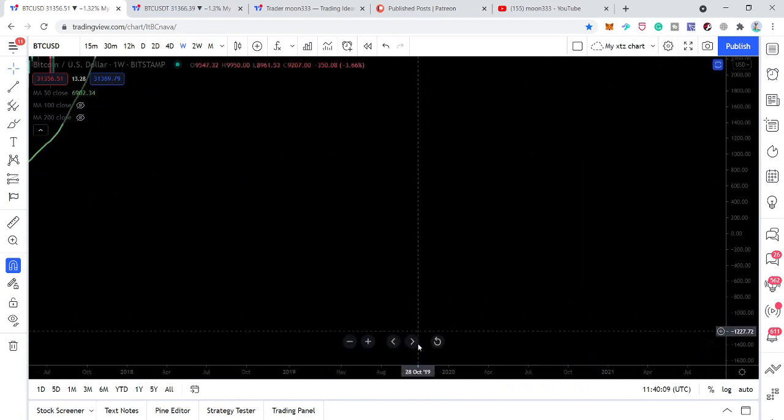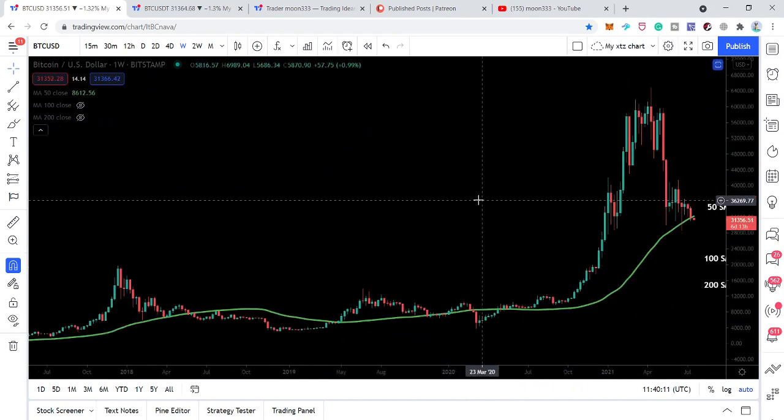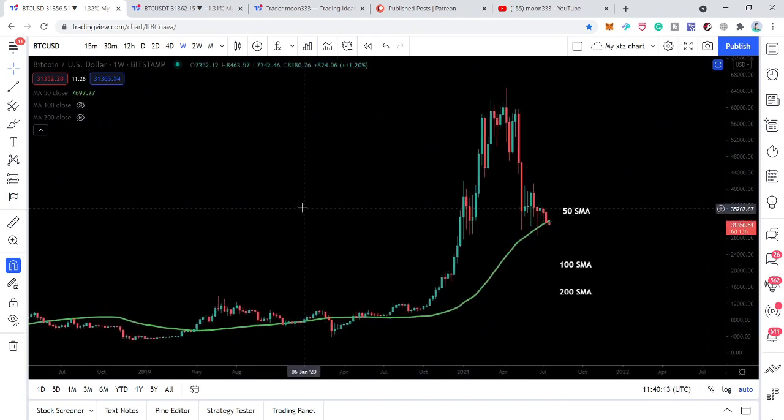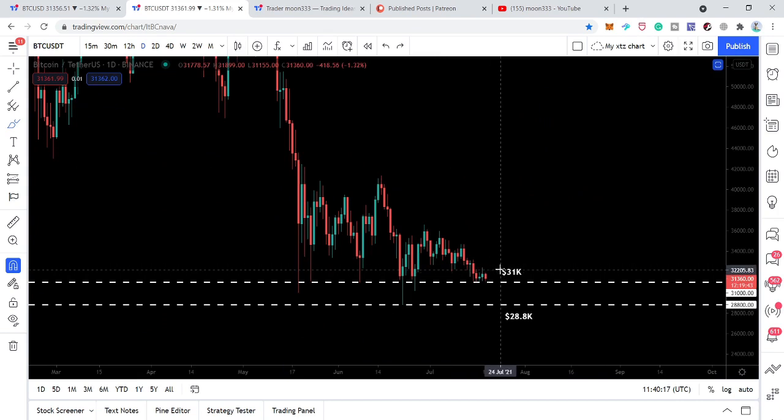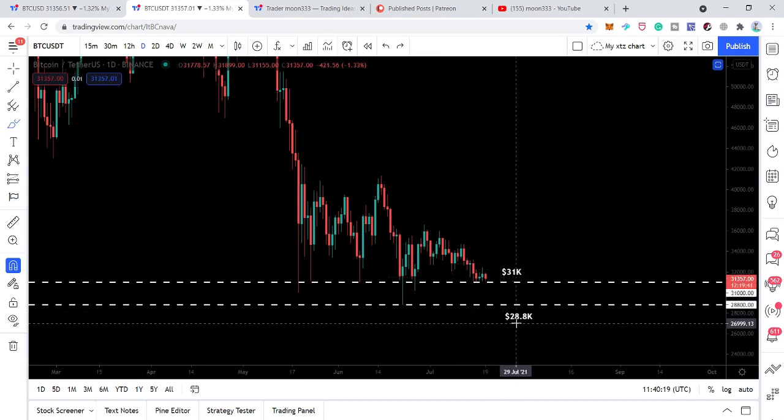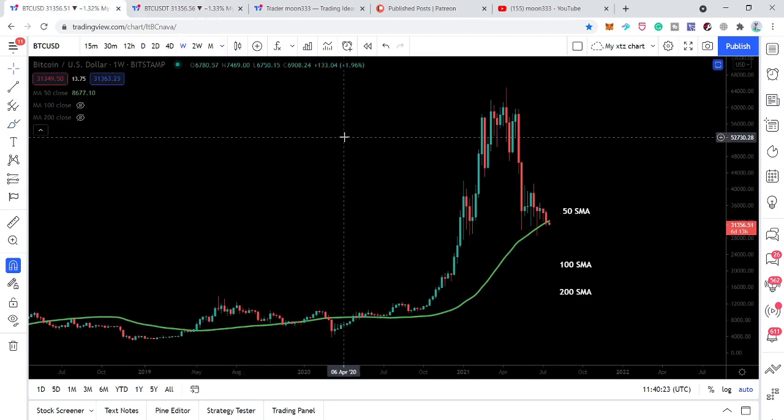So let's see what will happen in the future. I'm expecting that it can be recovered because we still have a very strong support zone that is from $31,000 to $28,800. The price action has already done this previously: after breaking down the 50 simple moving average, we had the closing below it and it recovered.